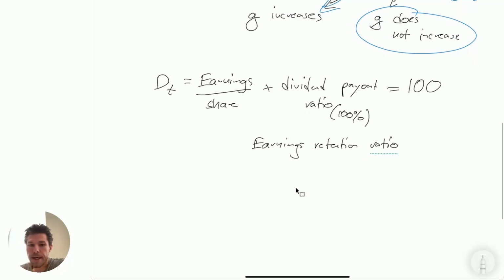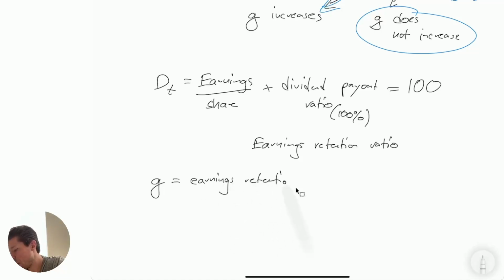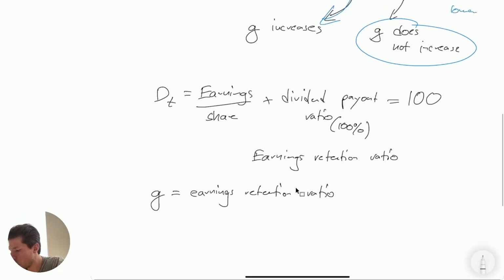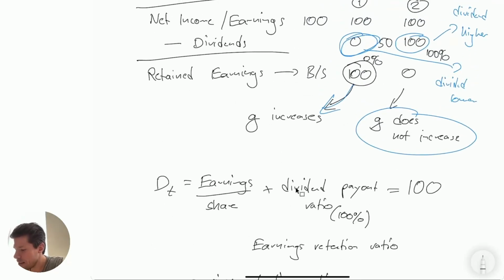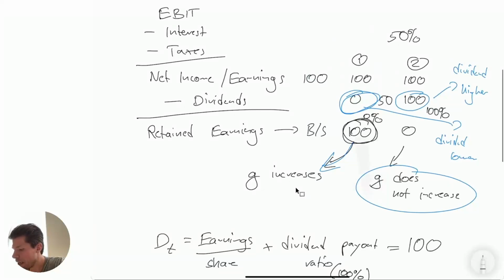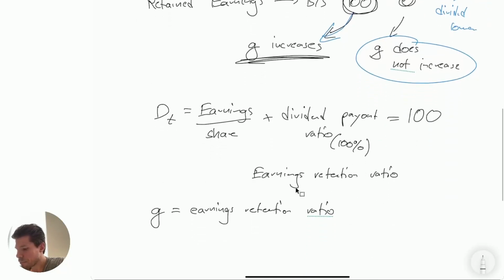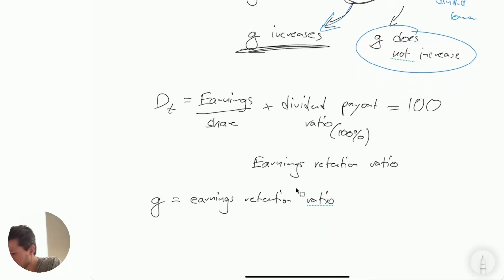So, how to calculate my growth rate? It's intuitive. Growth rate is first your earnings retention ratio, which makes sense. The more you retain, we mentioned this, the higher your G. If you don't retain anything, your G does not increase. And then earnings retention ratio times return on investment.